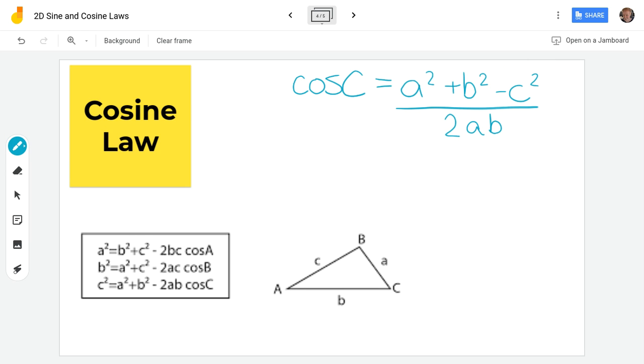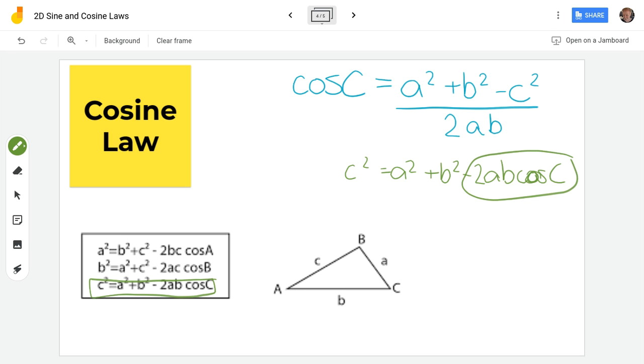If you're curious about how to rearrange that, I will maybe do that very quickly here. So I'm going to start with this one. Basically we want to get cosine of C by itself to solve for the angle. So I'm going to make this term positive by bringing it to the other side, and I'm going to make this one negative by bringing it over here.